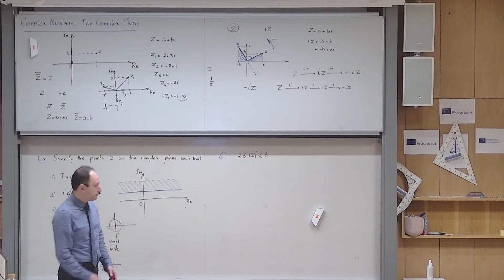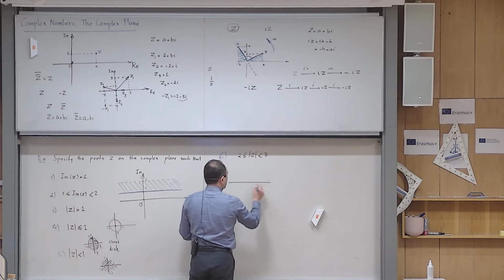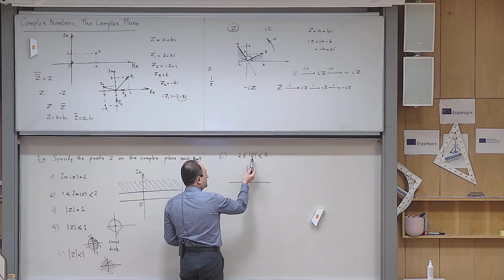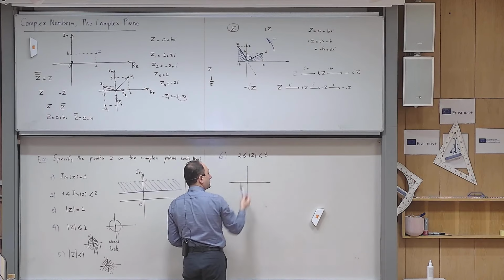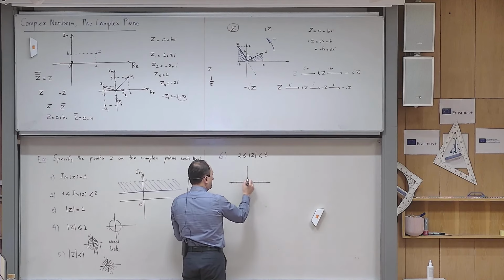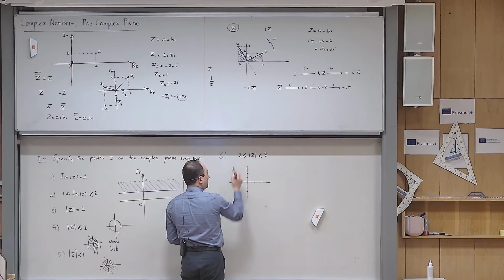Is that understandable? Because if this is the coordinate system, you are interested in all the points whose distance to the origin is 2 or greater, but maximally 3. Let us say this is 1, 2, 3. I draw the circle centered at the origin with radius 2.